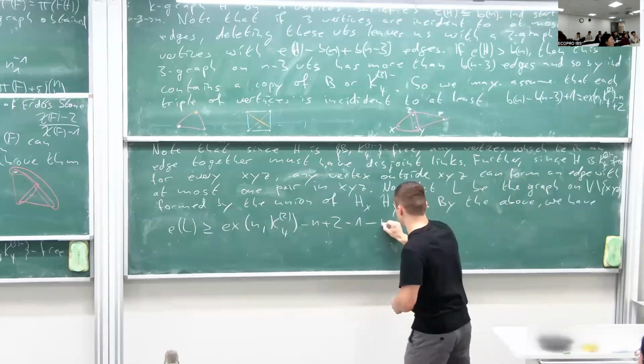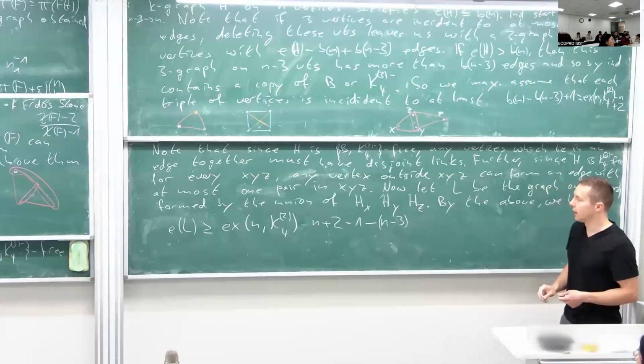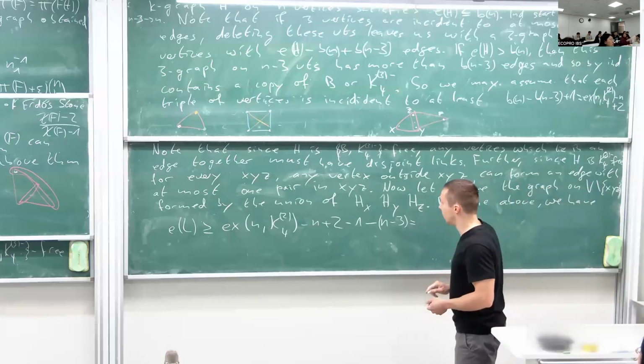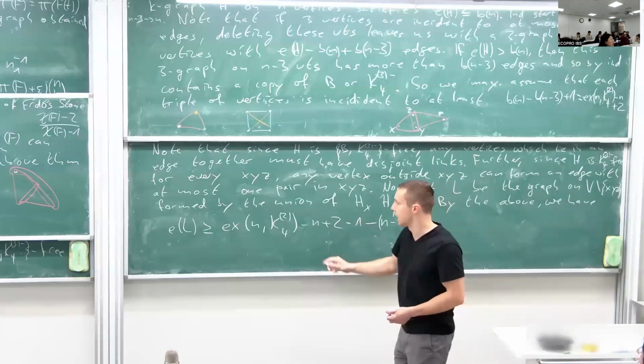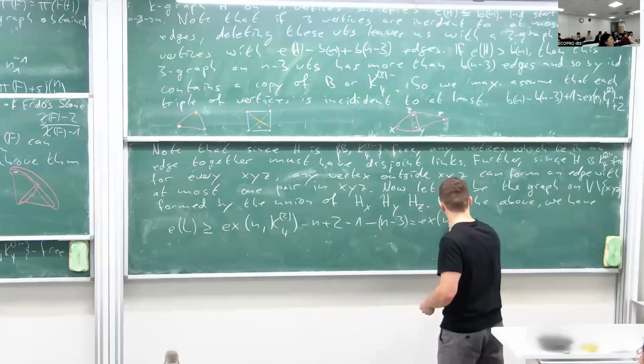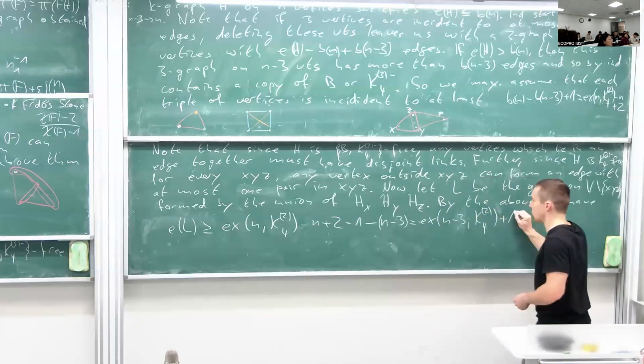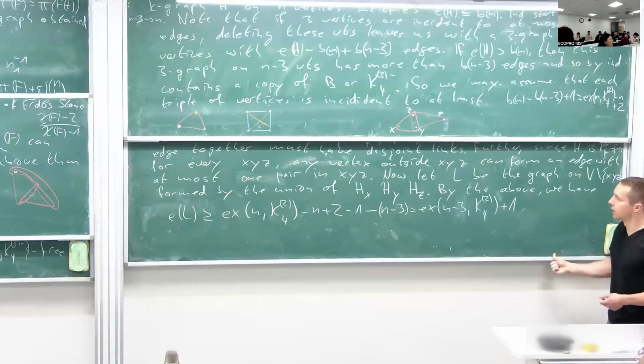So n-3. Okay, and now this thing can be calculated to be xn - 3 a2 for small.